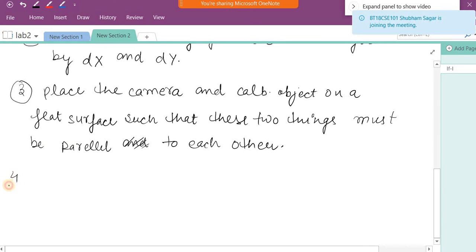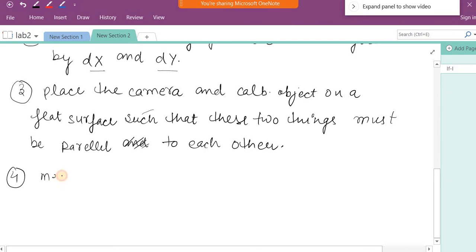Now, this object should be in the form of 3D, but I am only taking two coordinates, dx and dy. So where is my dz? In the fourth point you have to measure the distance between the object and the camera, and that distance will act as your third coordinate dz.